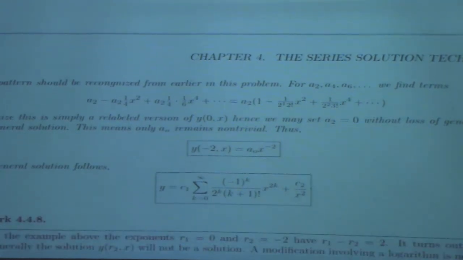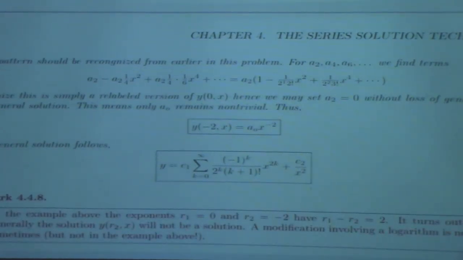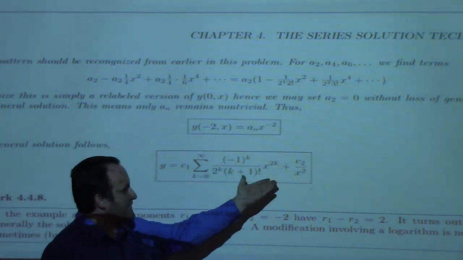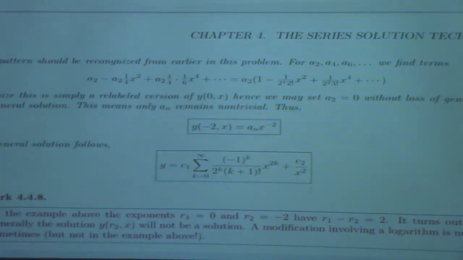Actually it is kind of weird, but it's not the kind of weird I was hoping for. Anyway, so here's the general solution for this problem. You end up getting a sort of Cauchy-Euler type solution for the other one. So that's the Frobenius method.